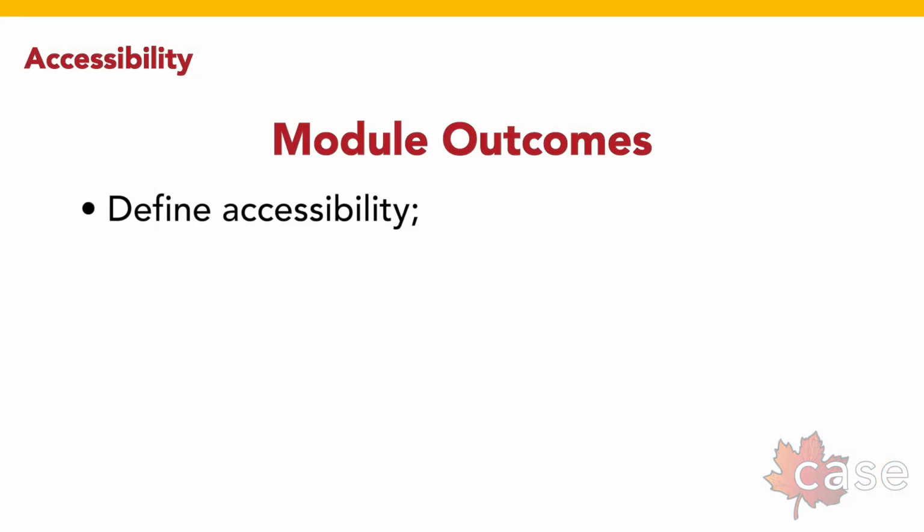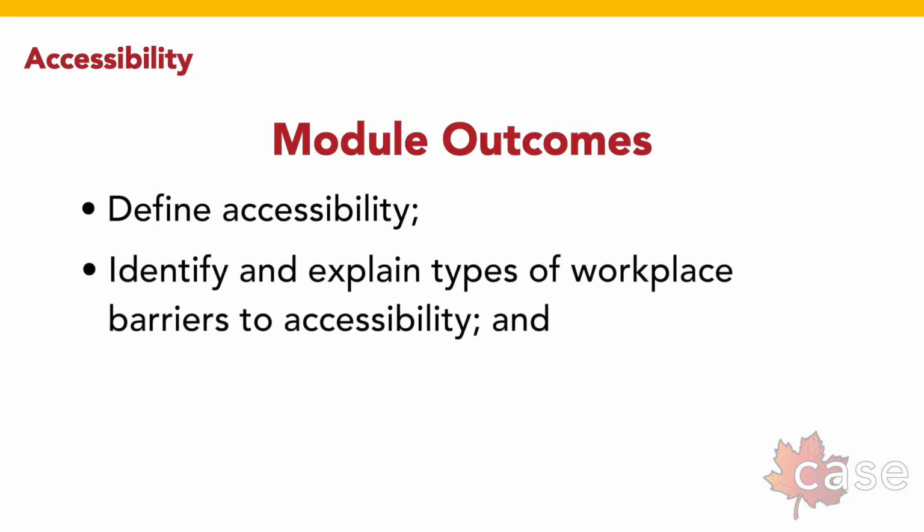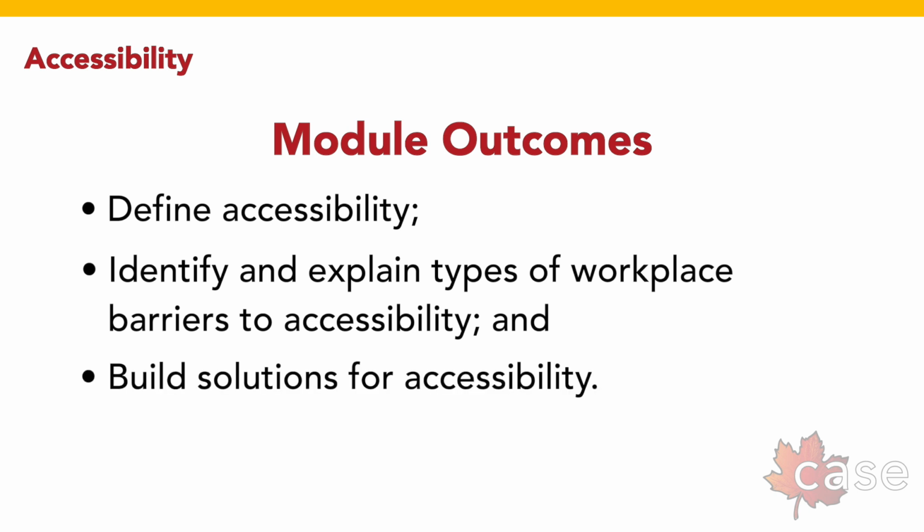We will define accessibility, identify and explain types of workplace barriers to accessibility, and build solutions for accessibility. Accessibility means that people who are experiencing disability can exercise their fundamental rights and freedoms and equally fully participate in society.